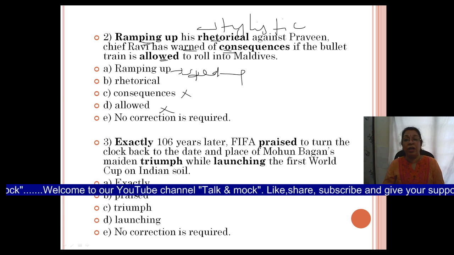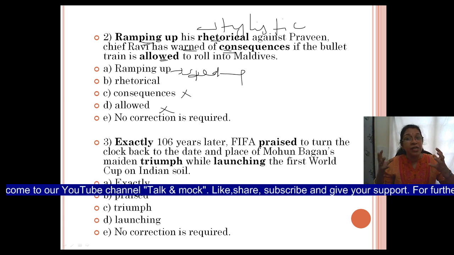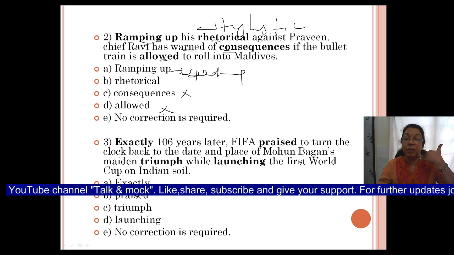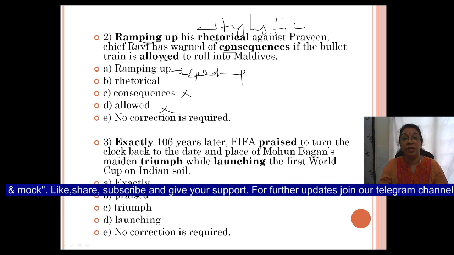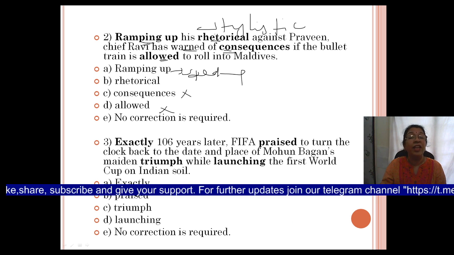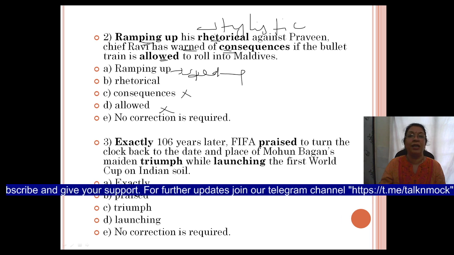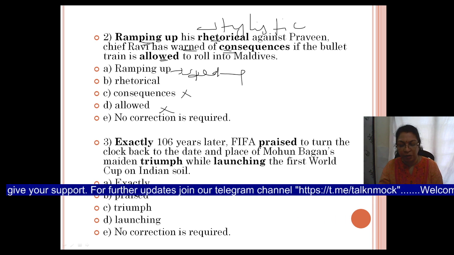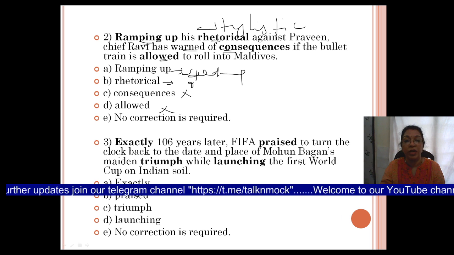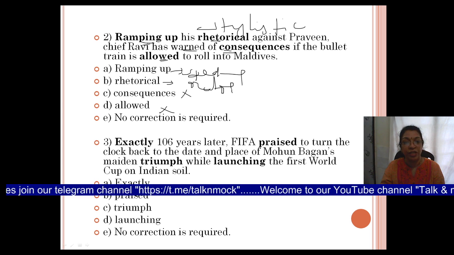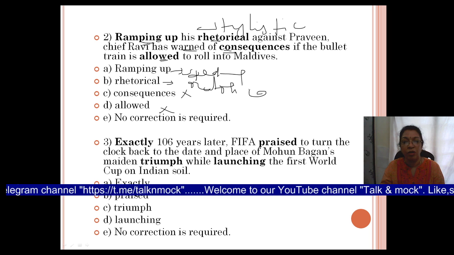Ramping up is rhetorical. When the context is about not allowing a train and its consequences, they will not use stylistic, artistic speech. You can just say electoral or oratorical speech. Is that clear?